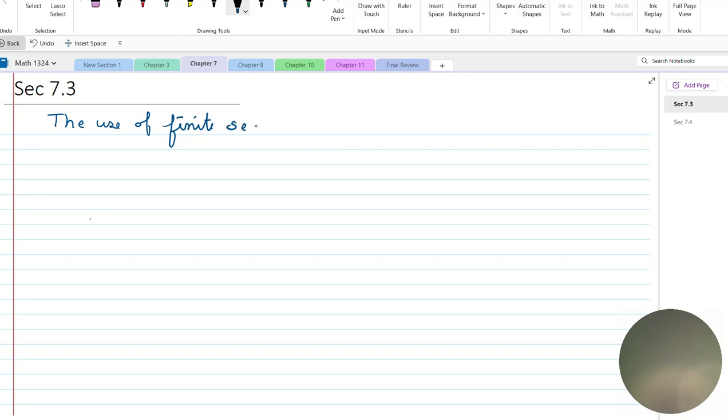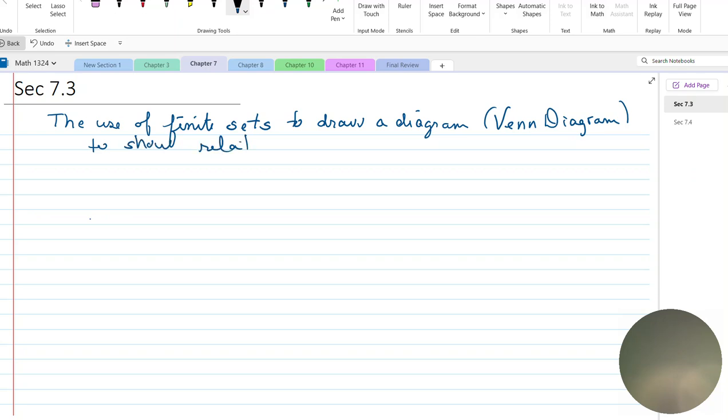It's finite, in other words, it's a specific number. To draw a diagram in the form of a Venn diagram to show relationships. So that's what I'm going to do first.